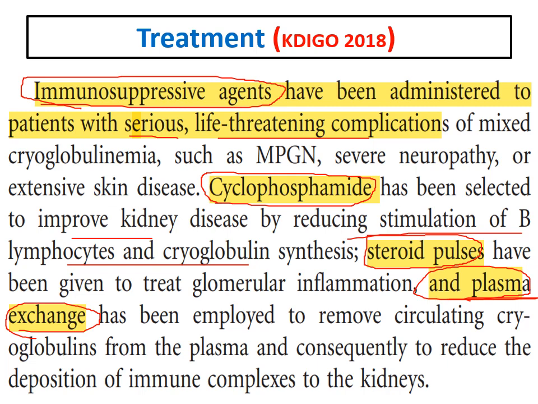Steroid pulses have been given to treat glomerular inflammation, and plasma exchange has been used to remove circulating cryoglobulins from the plasma, and this will lead to reduction of the immune complexes deposited in the kidney. So the most common immunosuppressive drugs are cyclophosphamide and steroids, and in some cases we use plasma exchange according to the severity of the condition.